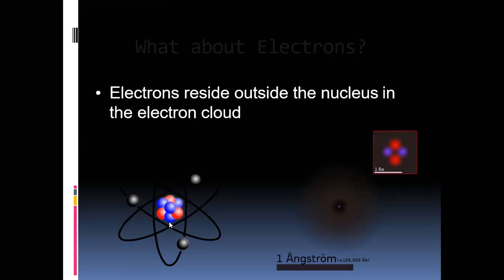This is one circular orbit, and another orbit, and another one. Around the nucleus, electrons revolve in circular orbits.